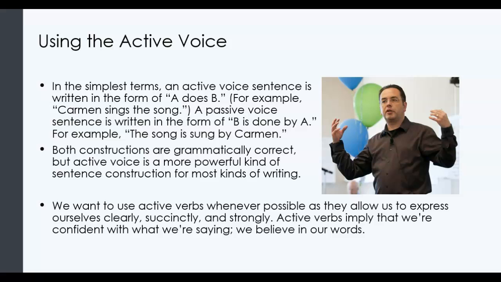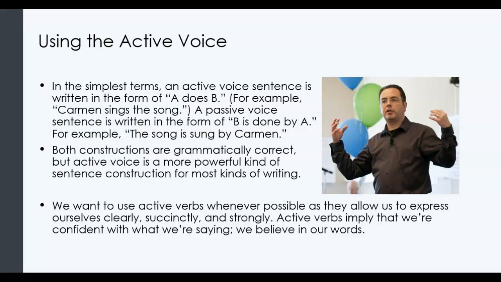Using the active voice. In the simplest terms, an active voice sentence is written in the form of A does B. For example, Carmen sings the song. A passive voice sentence is written in the form of B is done by A. For example, the song is sung by Carmen.